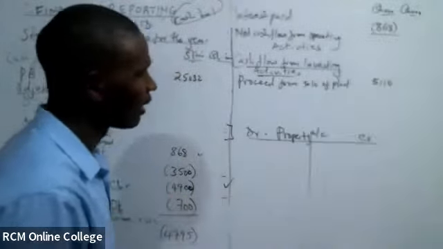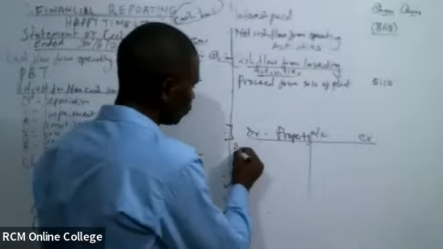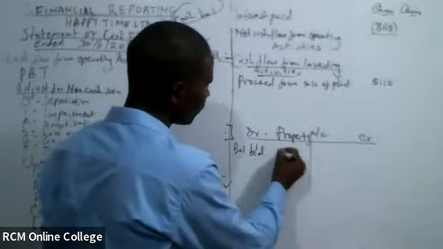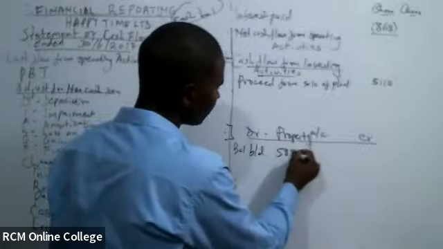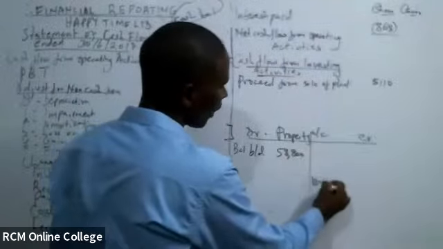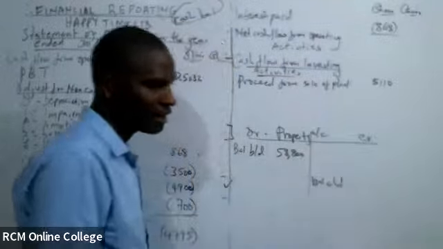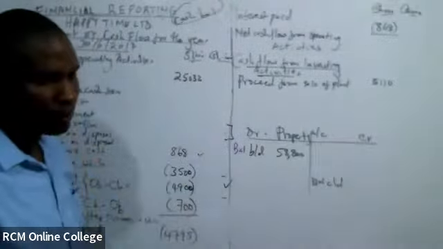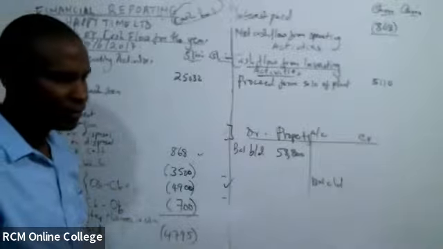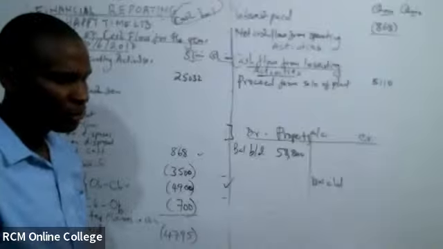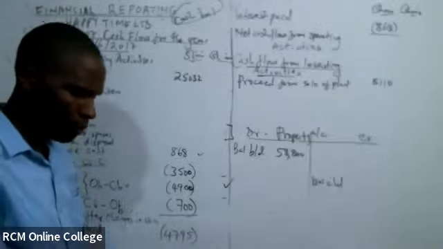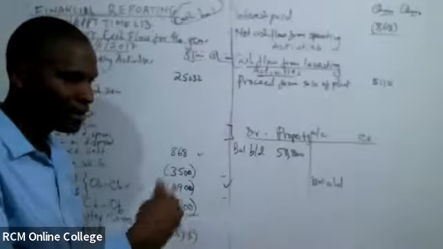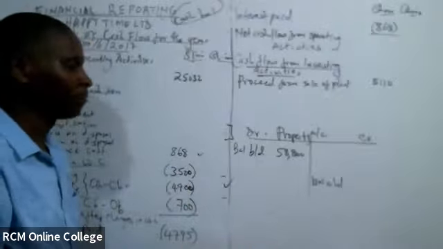All assets have a debit balance. So the balance brought down is 58,800. Balance carried down automatically. The other one, ni ngapi from your end? Balance brought down from your end, ya property. Lazima tuende pole pole.